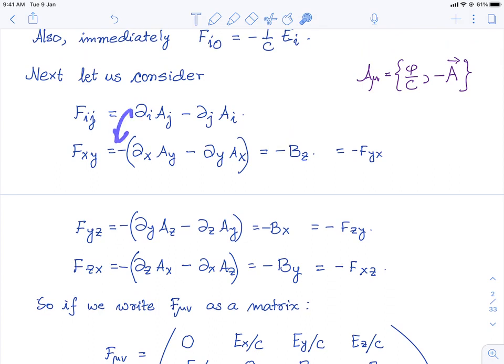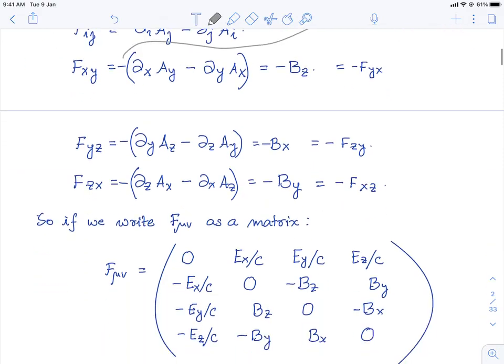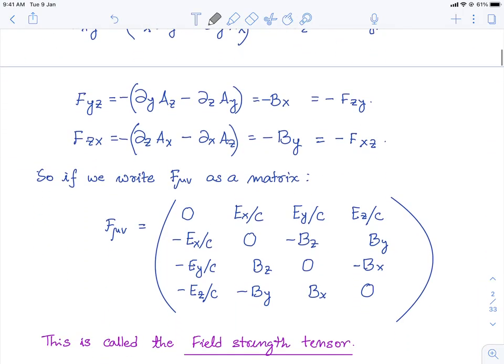Again, let me emphasize this point here, that this sign is basically this sign here. Okay, so hopefully that is clear. Now if I write down the matrix, of course the diagonal components have to be 0 because it's antisymmetric. Okay, so the diagonal components have to be minus of itself, so that has to vanish.